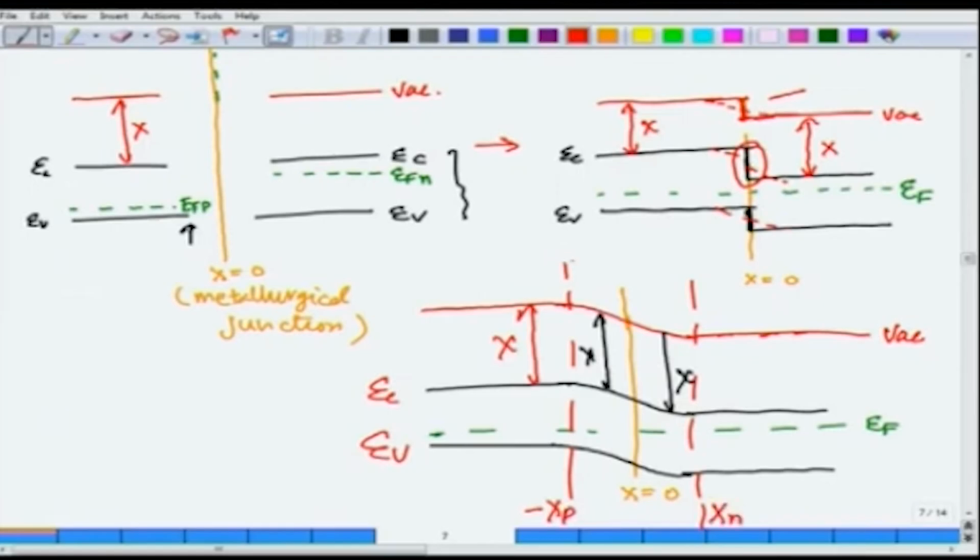In this region, when we joined two semiconductors, they were affected and the band diagram changed, whereas far away from this junction the semiconductor remained as it was before. The only place where the change occurred was at the interface. This is the easiest way to visualize this band diagram.